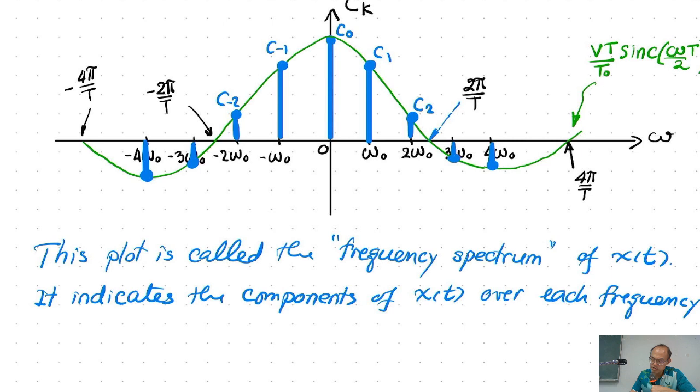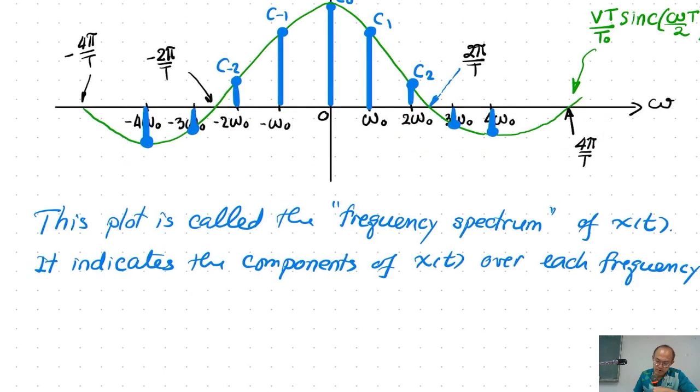Sometimes we call this a two-sided frequency spectrum. The word two-sided means that we are considering both negative and positive frequencies. That's why we call it two-sided.